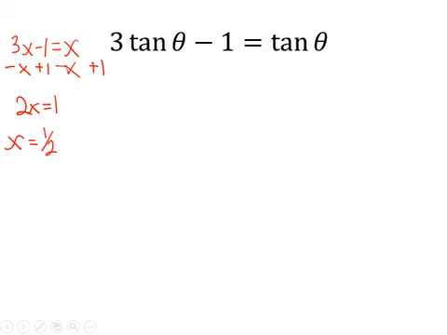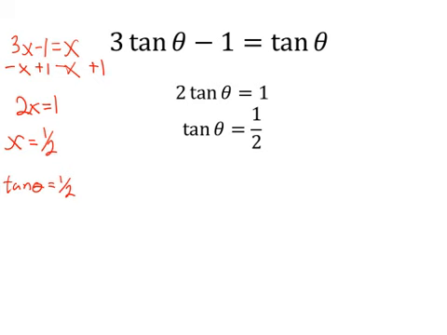Now you just replace the x with tangent theta equals 1/2. So if you have multiple trig functions, as long as they're not squared, as long as they're the same trig function, you can add them and subtract them like you would a variable. So now we have tangent theta is equal to 1/2.